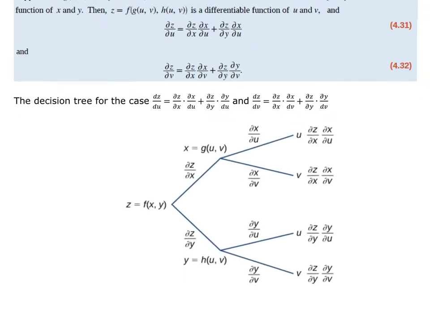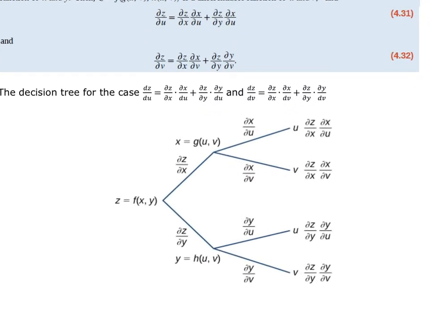So here is the tree diagram when I have z, which is in terms of x and y, which in turn are in terms of u and v. As we go down the branch, we multiply this and this, and we get this.